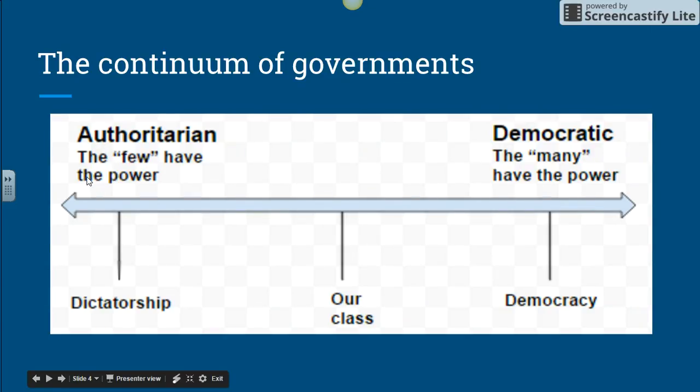So for example, I get to decide what we're going to learn about next, or I get to decide what homework we're going to have. So since sometimes the many have the power and sometimes the few have the power, our class is kind of right in the middle of the continuum.